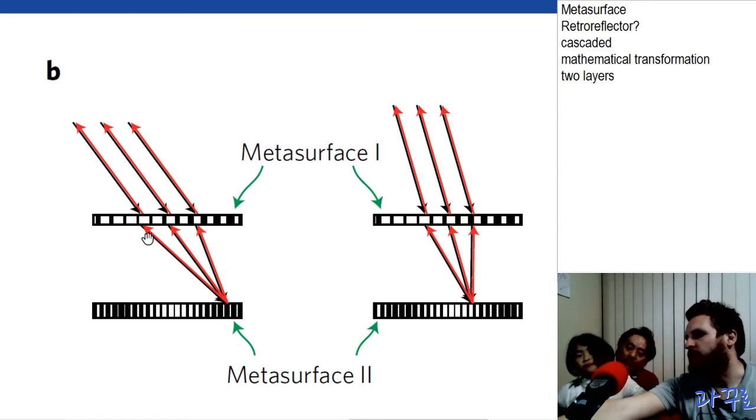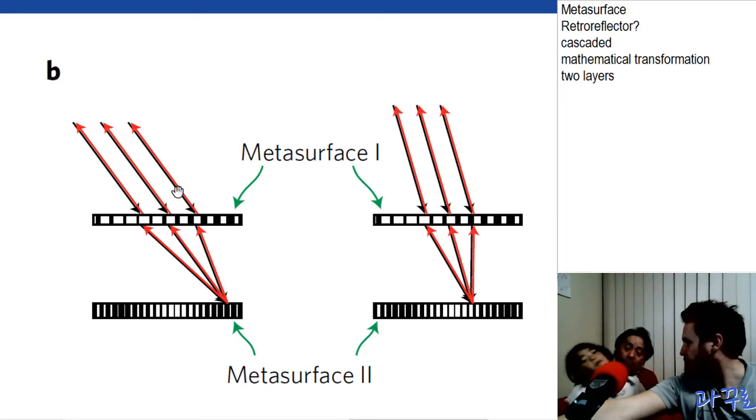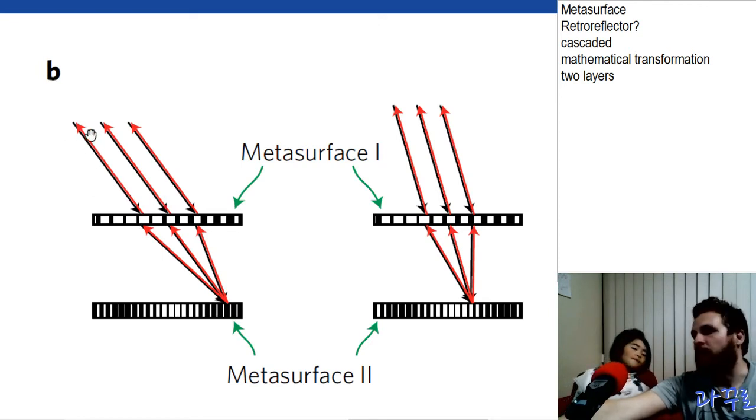The momentum vector of this light is different to the momentum vector of this light. But the incident light all has the same momentum vector. Why? Because it's coming in at the same angle.